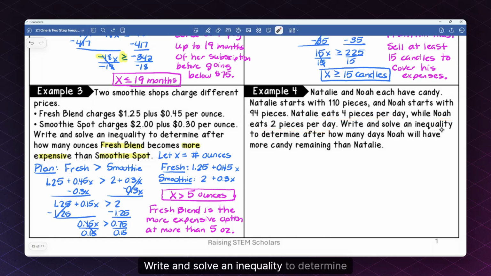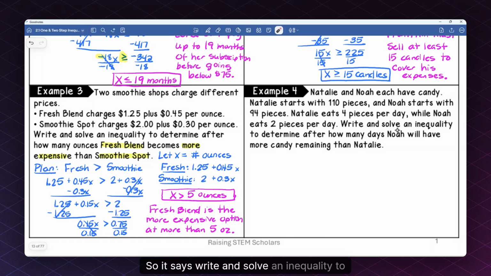Write and solve an inequality to determine after how many days Noah will have more candy remaining than Natalie. Because right now, Natalie has 110 and Noah has 94. So right now, Natalie has more candy, but she's eating it faster. So at some point in time, Noah will have more candy because Natalie will be eating her candy faster than Noah. So let's figure out what we need to write down about this.